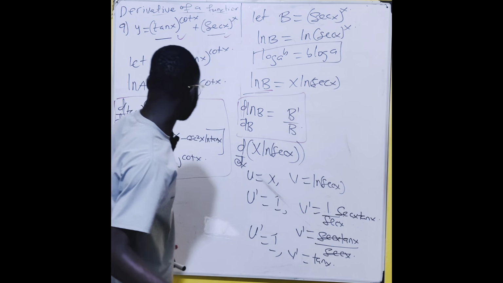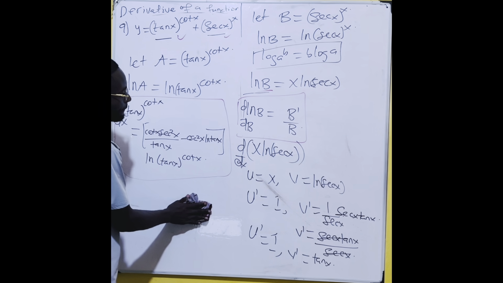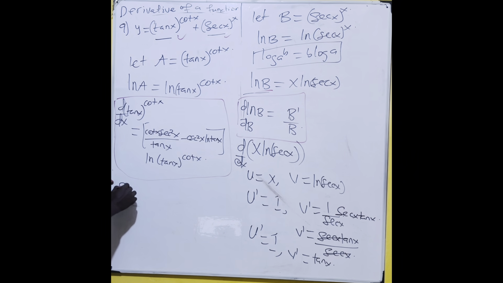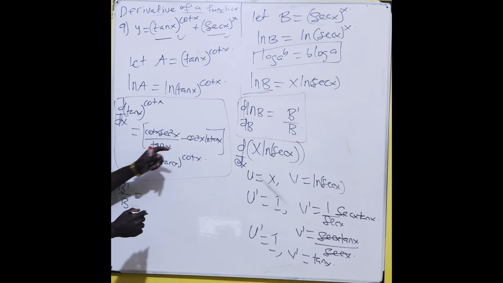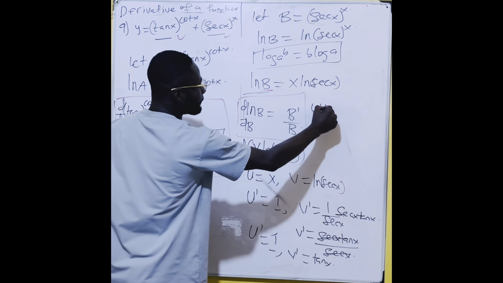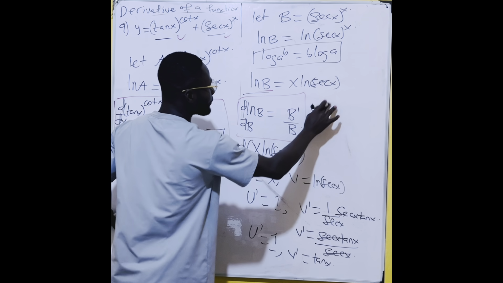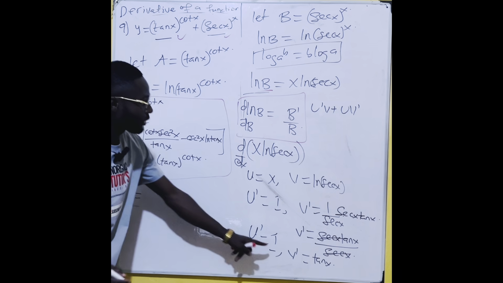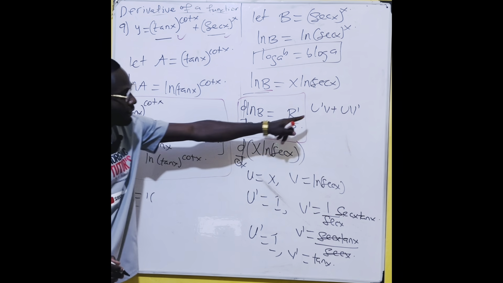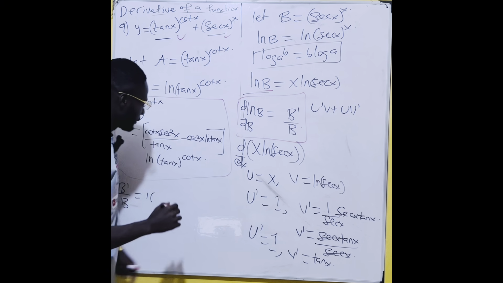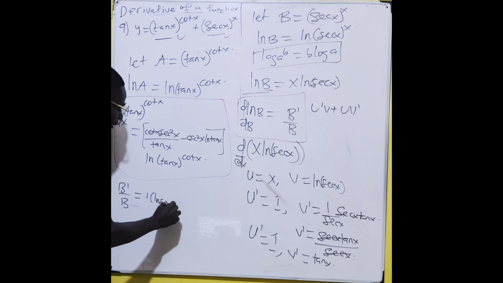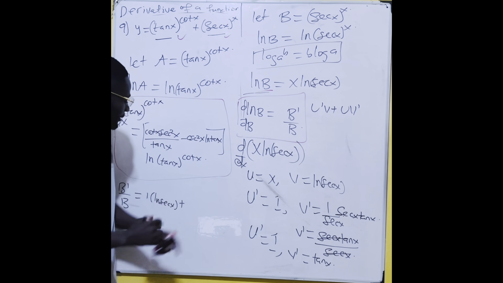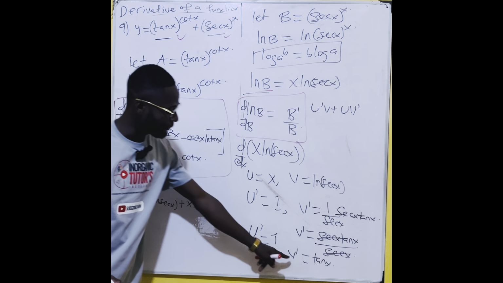Okay, so let's come up here and combine them. So we can say that b prime over b will be equal to u prime v plus u v prime. And our u prime is 1, and our v is ln of sec x plus our u is x, and our v prime is tan x.